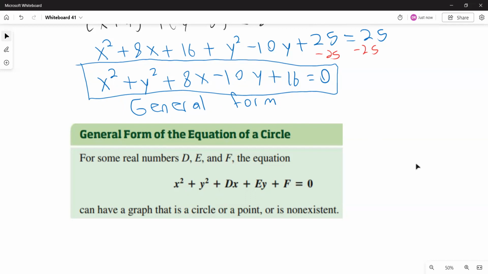Okay, so we're going to go backwards. On page 201, we're looking at number 28.